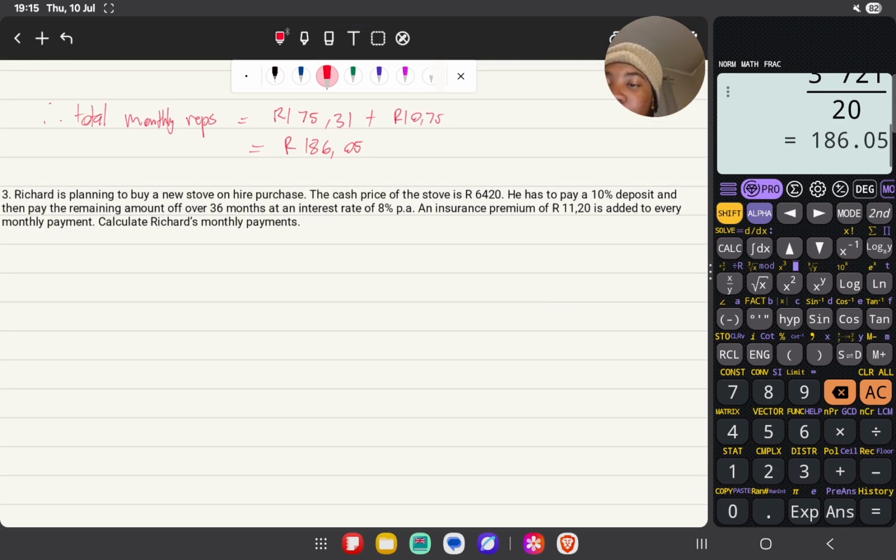So now let's look at this one. Richard is planning to buy a new stove on hire purchase. The cash price of the stove is 6,420.